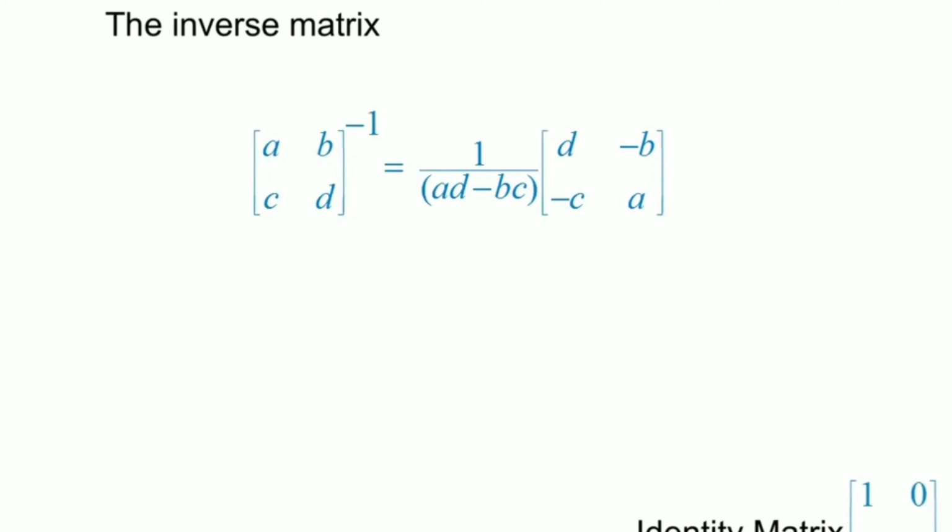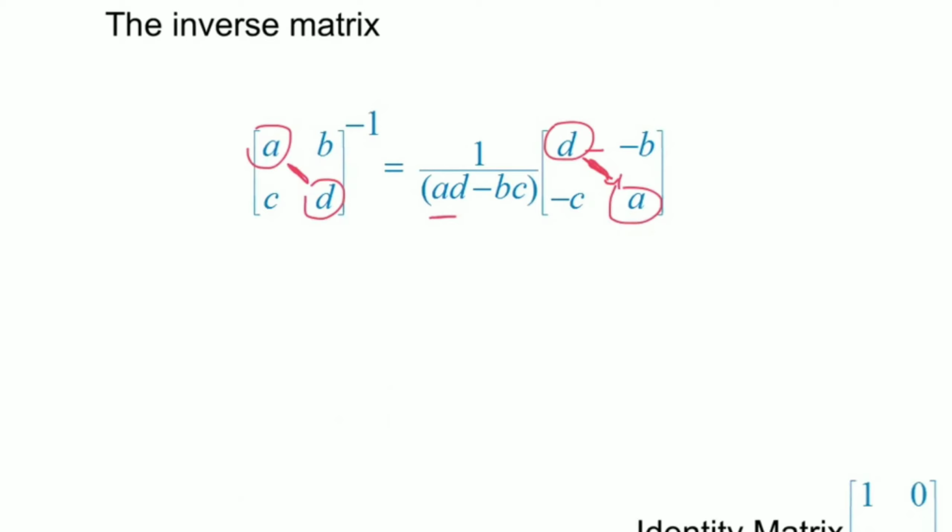So this diagonal here, A and D, which creates the first part of our determinant, we should notice that the values in the inverse, the A and the D, are swapped over. So the A from here is swapped down to here, and the D from here is swapped up to here.